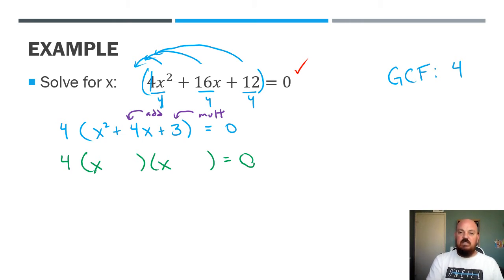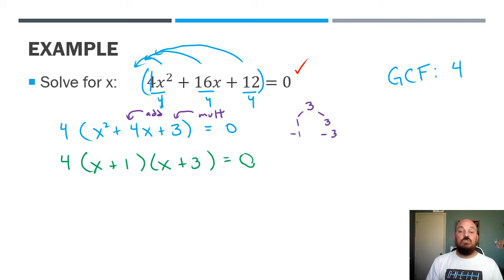Now 3 is a pretty easy one to work with. There's only 2 possibilities. 3 could be 1 times 3, or it could be negative 1 times negative 3. And the very first ones I thought of are our answer, 1 and 3. So positive 1 and positive 3 are my numbers because 1 times 3 is 3, and 1 plus 3 is 4. So I'm going to put a plus 1 in one of my factors and a plus 3 in my other.